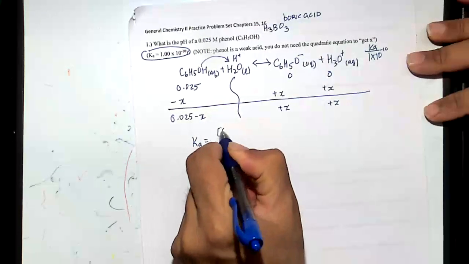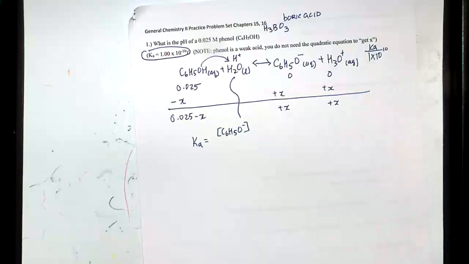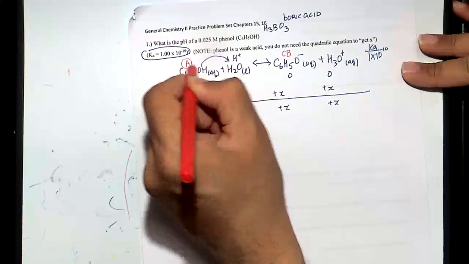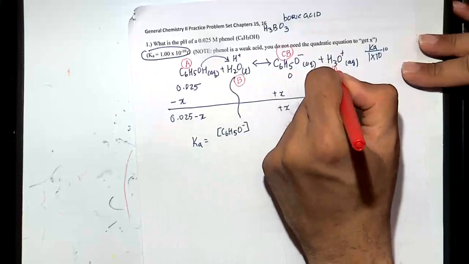So Ka is equal to the conjugate base. The conjugate base to this acid, and this is the base, and this is its conjugate acid.